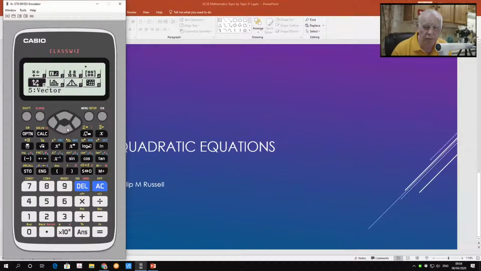And if we just navigate the menu system, we've got equations and functions. If we select this, we can choose number 2 for polynomials, and this is an x squared, so we want a 2, and there it gives us the formula for our quadratic equation. And we could type it in, and it will solve it for us.